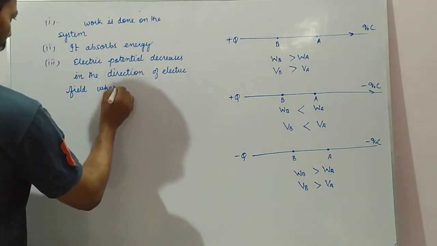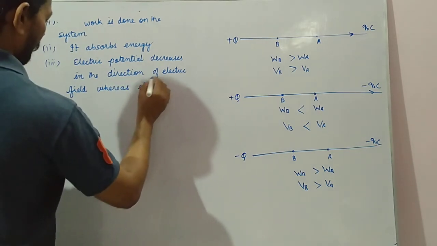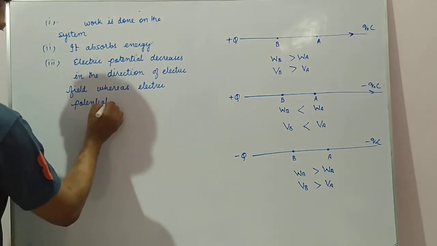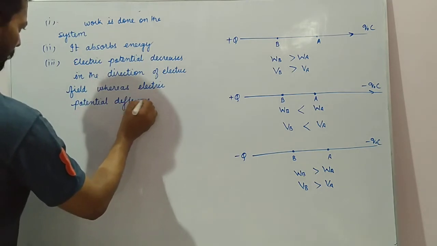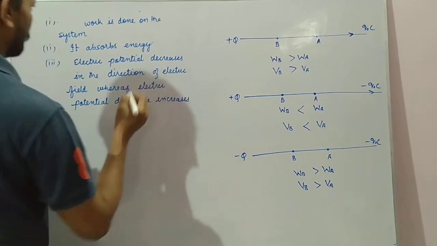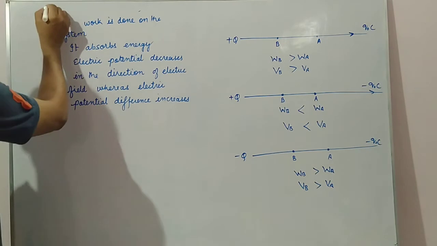Whereas electric potential difference increases. So work is here, star marking point you write down.